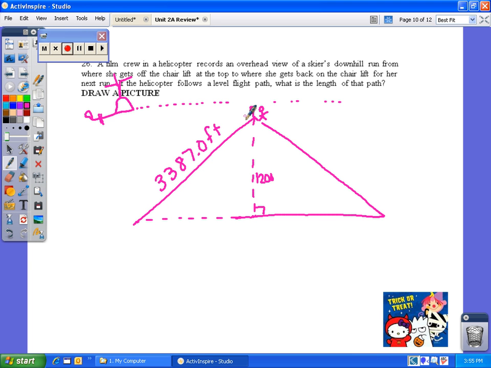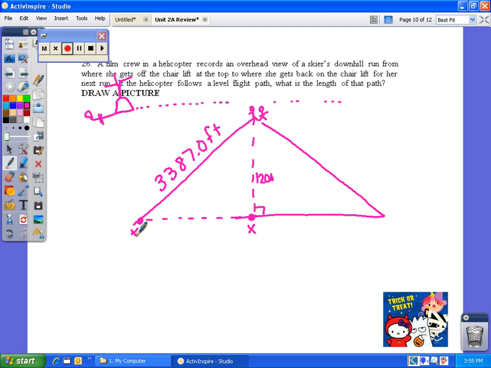So it looks like they're trying to figure out the distance from here to here. Because if she goes up the path, then she's going to come down, whee, back down here to go back onto the chairlift. So if normally she gets off here, let's imagine she's actually getting off here, and she gets on there. That's the level path, okay?